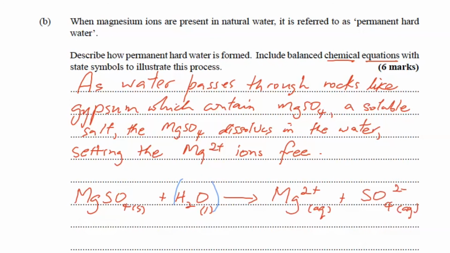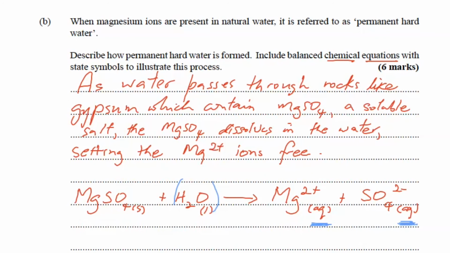If we put the water there, we don't have to put anything about the water on the right-hand side, because the fact that we have aqueous is telling us that these ions are in the presence of water. Aqueous meaning aqua. Now, this is for 6 marks.